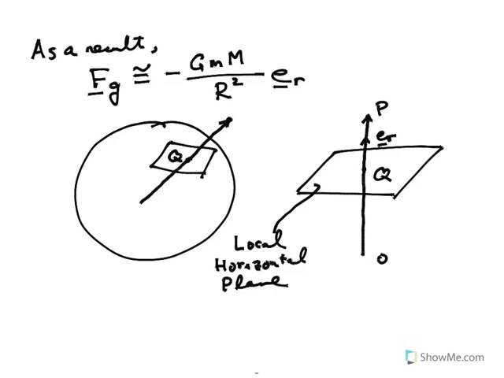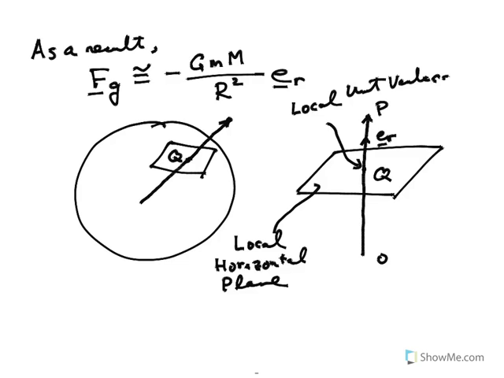And it's the tangent plane to the sphere at the point that I'm interested in. It's the local horizontal plane. The vector ER, this vector, is what's called the local vertical, or the local unit vertical.